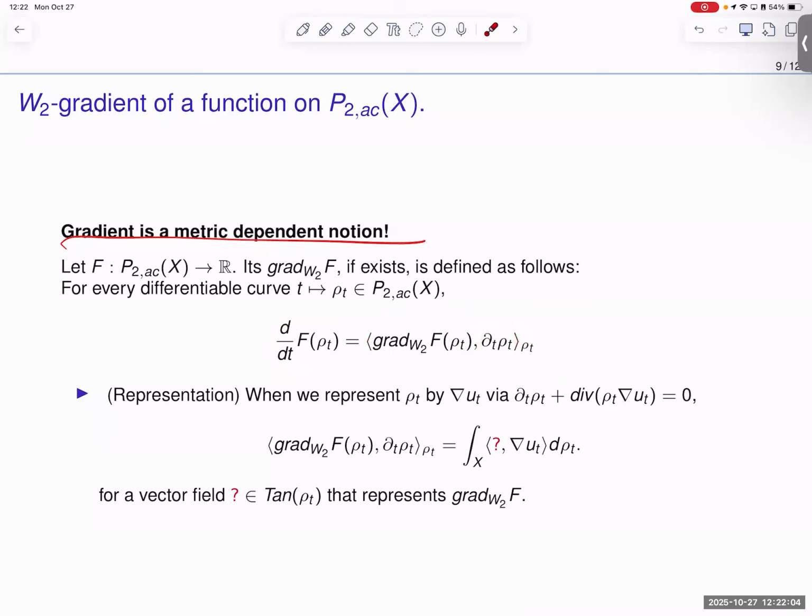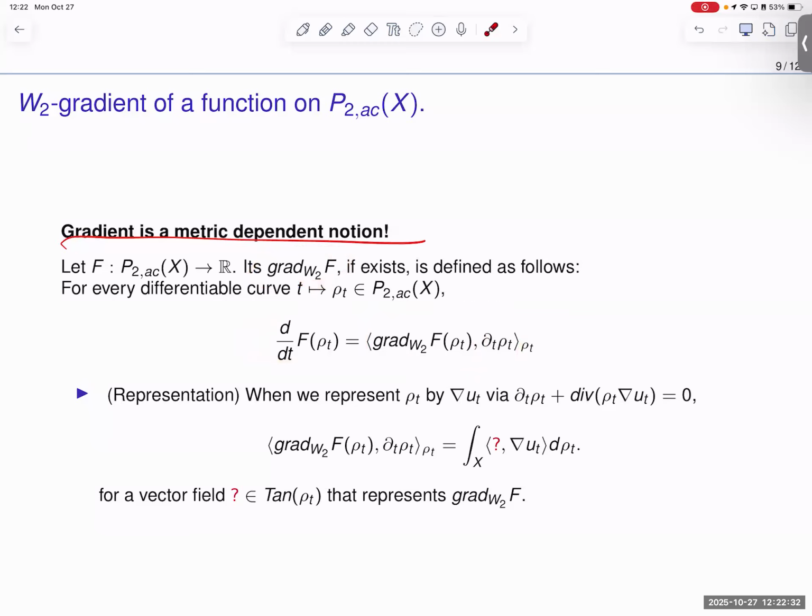So we just have the same thing in this space of probability measures with this Otto metric, and there should be such a notion, the gradient with respect to this Wasserstein metric. If such a gradient with respect to the Wasserstein metric exists, it should satisfy this equation.